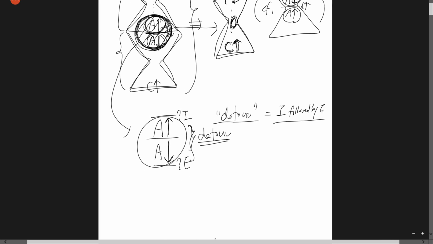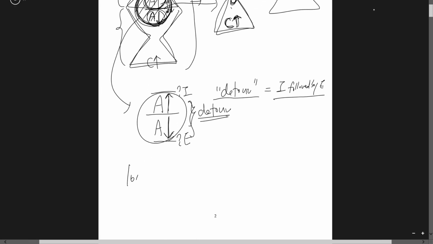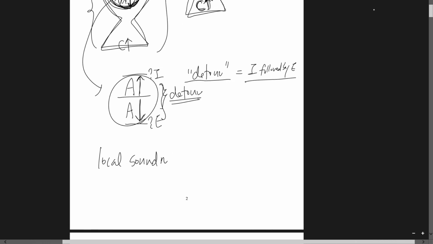So recall that local soundness states that if you have an introduction rule followed by elimination rule, you can get rid of it. Get rid of this detour.